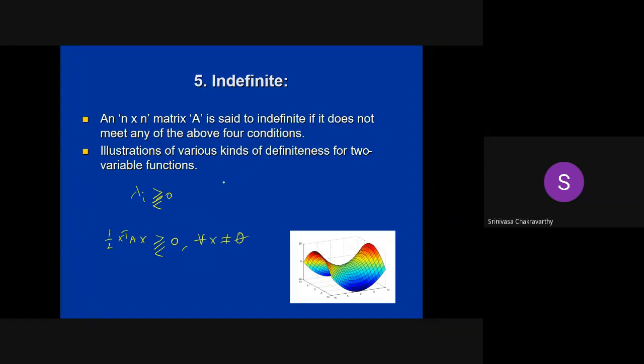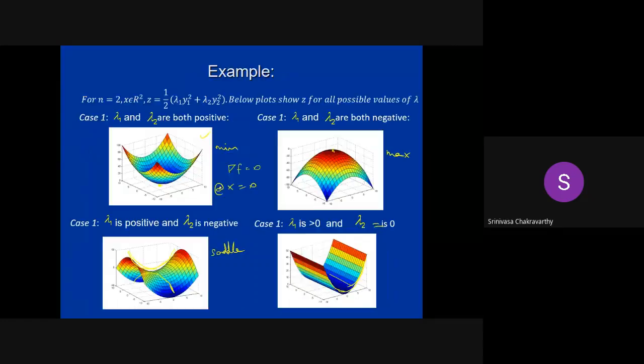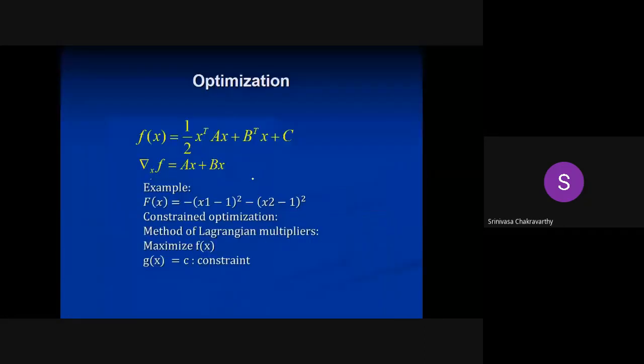So this property of definiteness of a square matrix comes from its eigenvalue structure: what kind of eigenvalues does it have? In the case of a multivariate function, where we are trying to understand its minimum, maximum and so on, the definiteness is applied to the Hessian of that function at the point of interest, assuming that the gradient itself is 0.